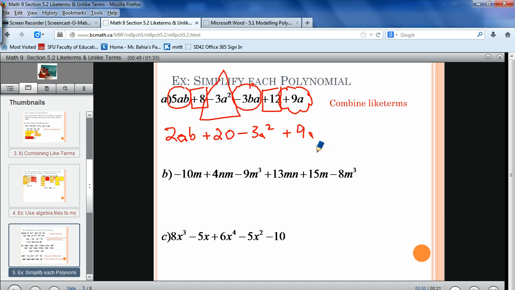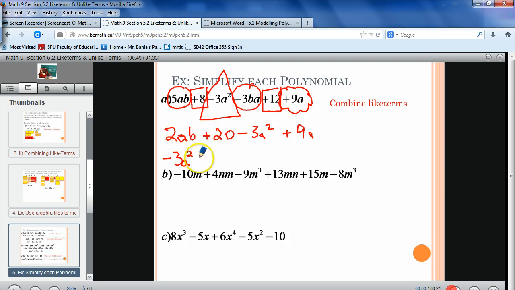In the nice order, you're supposed to have the a squared go first, so the squared term goes first. 3a squared. And then out of these two, it doesn't really matter. I guess we'll put the 2ab. It should go by degree. This has a degree of 2. That has a degree of 2, if you remember your degree of polynomials from before.